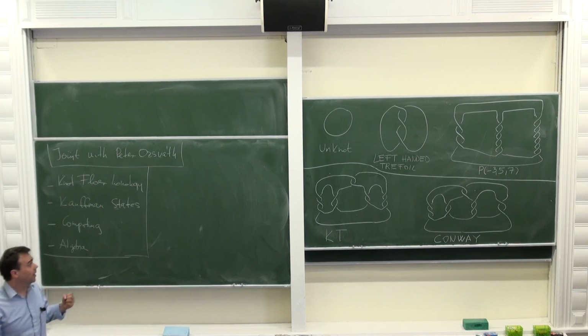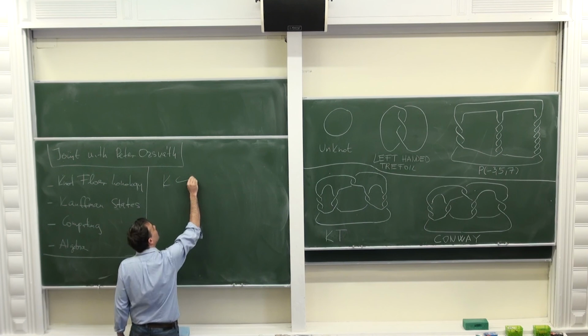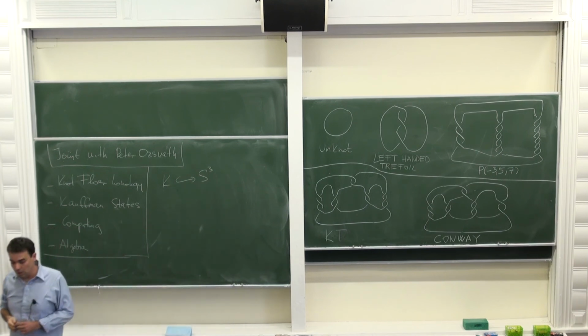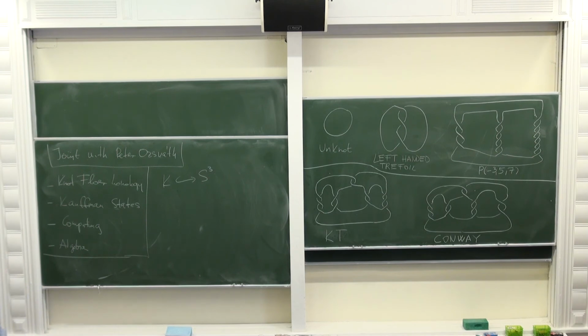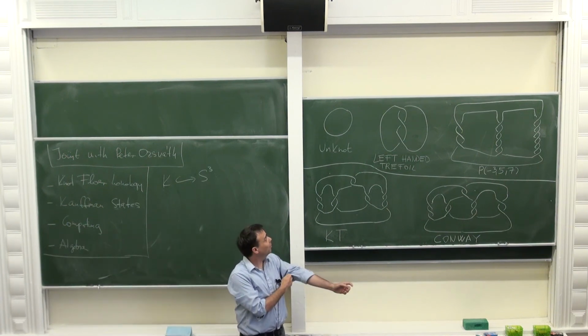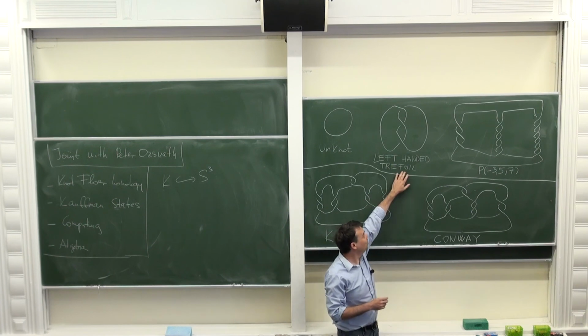So first of all, we are going to study knots in a string, or equivalently, you can think about knots in R3. This will be piecewise linear or smooth knots, and then we have a few special examples. Some of these we will revisit later on, but the unknot clearly, and the left-handed trefoil is, I guess, the next non-trivial example.